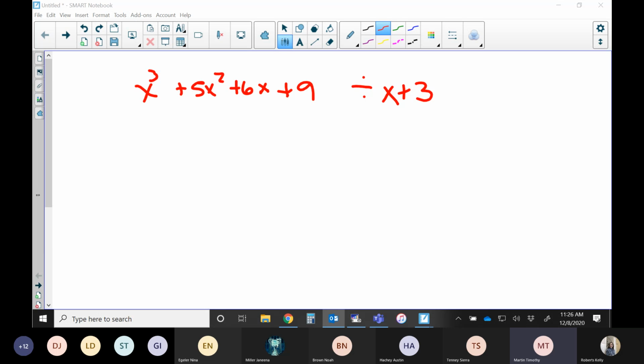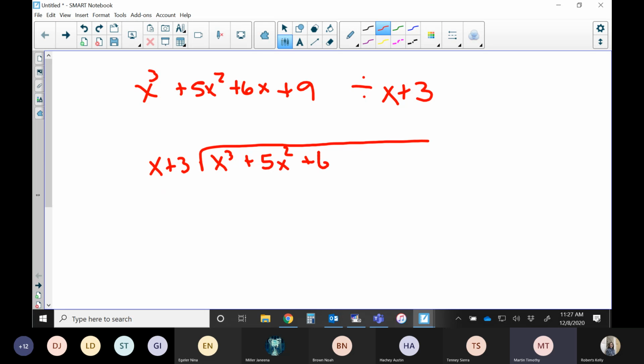So first off, let's set this up. If I have it like that, remember that means the x plus 3 goes on the outside. The x cubed plus 5x squared plus 6x plus 9 goes on the inside.